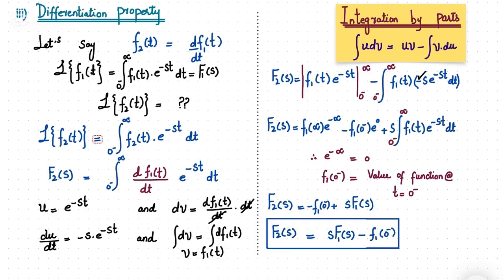So this is the differentiation property: if we have two functions and one function is the derivative of the other function, it means the Laplace transform of that function would be equal to the Laplace transform of the original function multiplied by s minus the function evaluated at 0 minus.